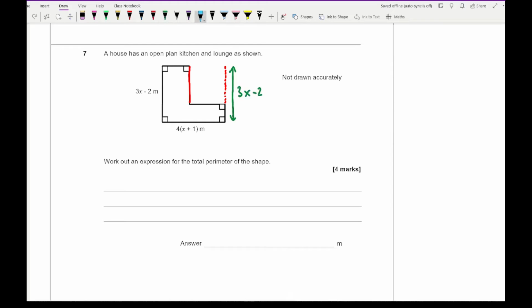Likewise, if I took this side here and I elevated it to make this length here, then all of this would be 4 lots of x plus 1. So the perimeter then is going to be all of those 4 sides added together. So here we've got 3x minus 2 plus 4 lots of x plus 1 plus 3x minus 2 plus 4 lots of x plus 1.